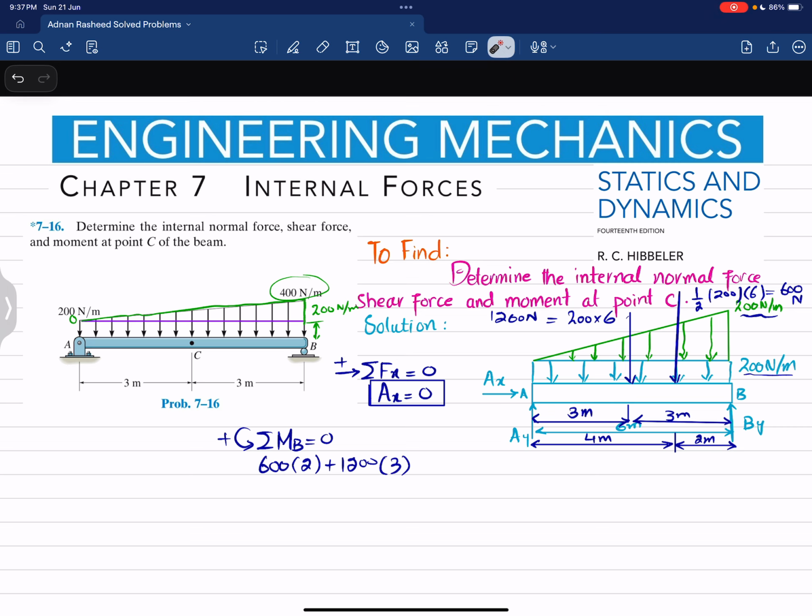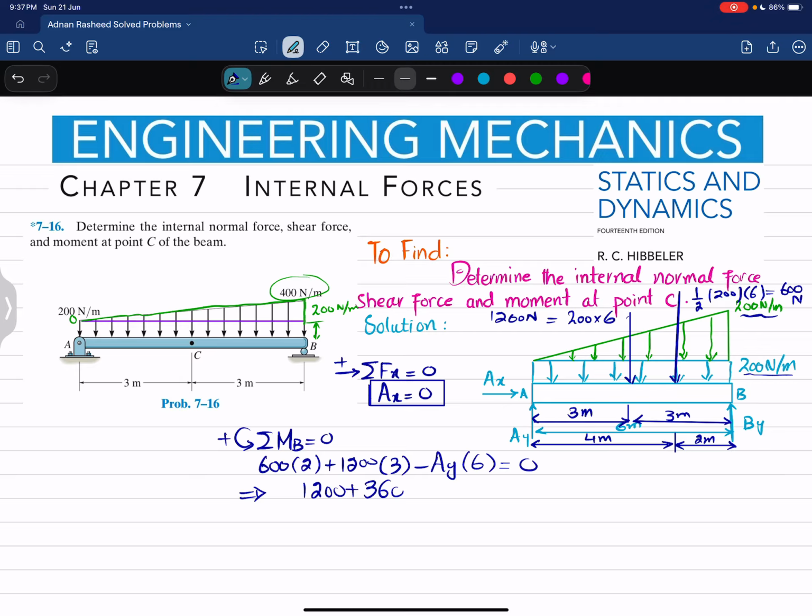The last force that is producing moment about point B is this force, multiplied by the perpendicular distance of 6 meter, and this is producing clockwise moment, so it will be taken as negative. So I can write minus AY into 6 is equal to 0. From here we will get 1200 plus 3600, minus 6AY is equal to 0.